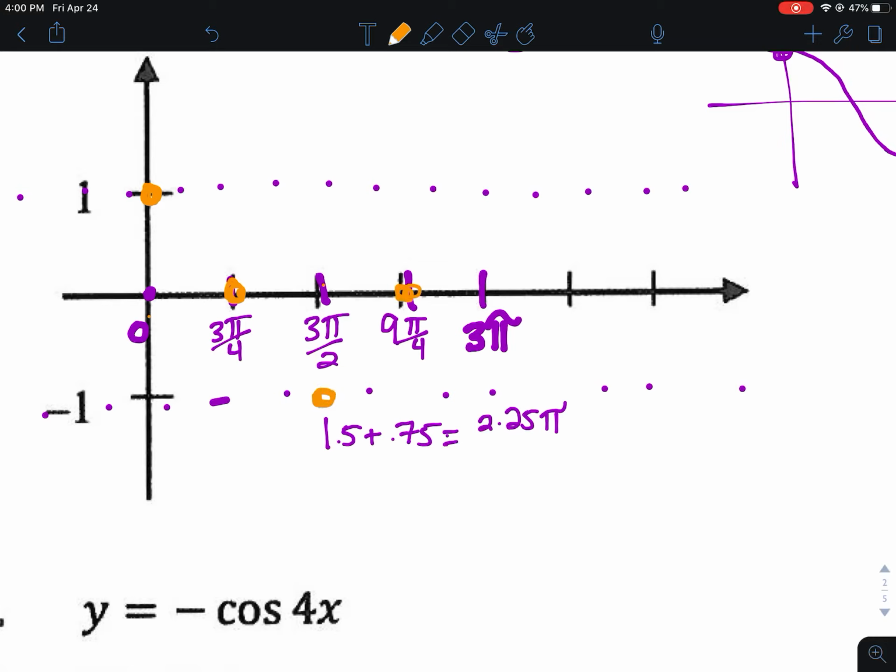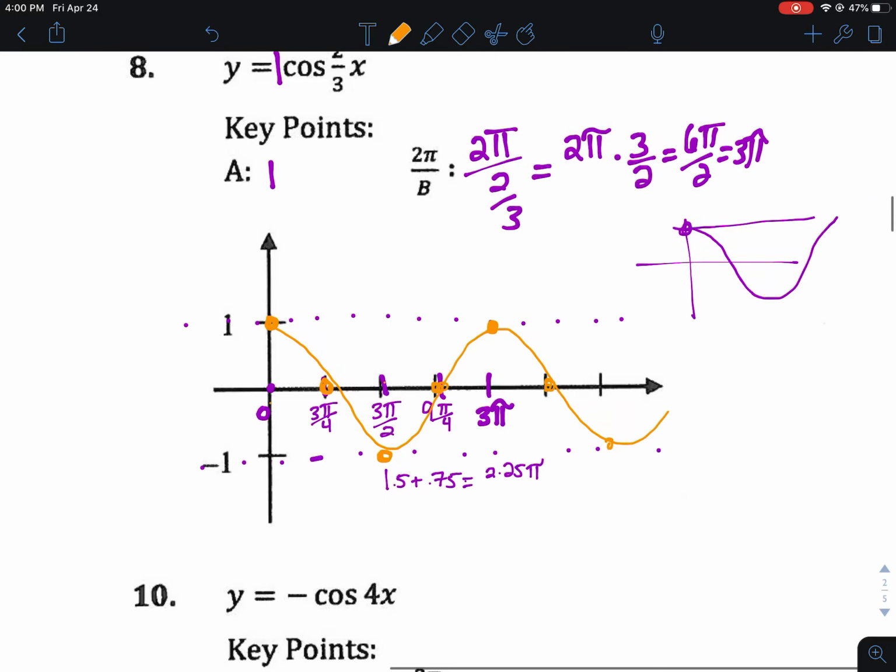The next tick mark, it goes up to the middle again, and then at 3 pi, we're back to the top. So you can see the cosine curve, and if we continued that in the same fashion, it would start to resemble the sine curve just shifted over, right?